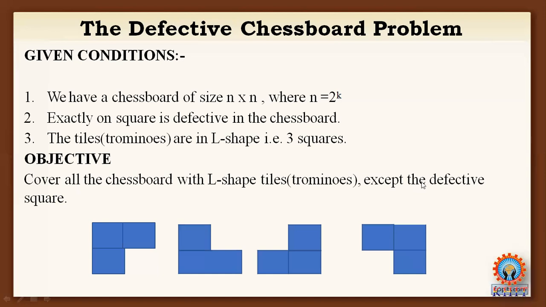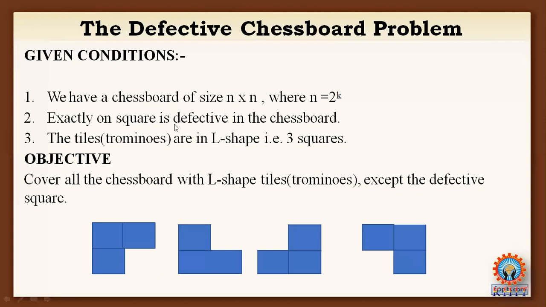Except the defective square. If you consider a 2 by 2 chessboard, which means the chessboard contains two rows and two columns, a total of four squares will be generated. Among those four squares, one square should be the defective square.